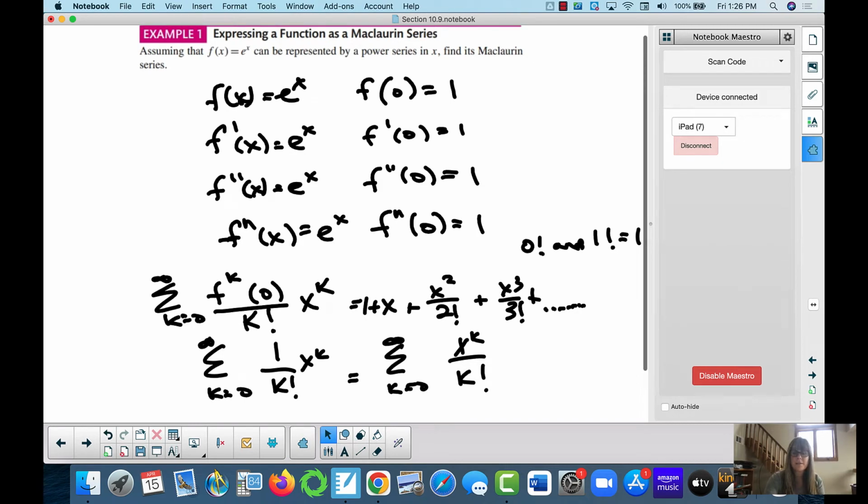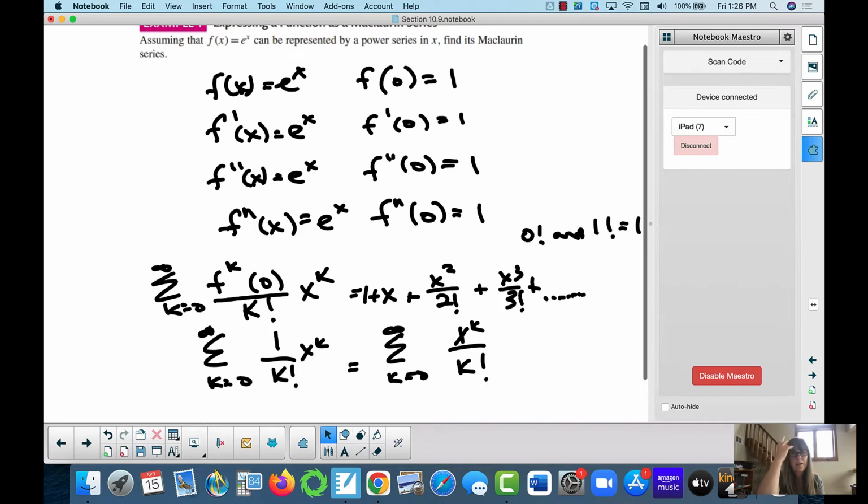So no matter what x is, no matter what numbers I plug in for x, this will become e to that power. So again, this is a great way for me to estimate what e to a power is by using the partial sum of this series. So I can pick a number for x, and I can get the partial sum for that series to estimate e to that power.